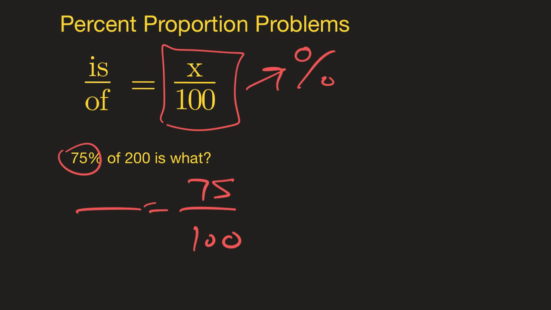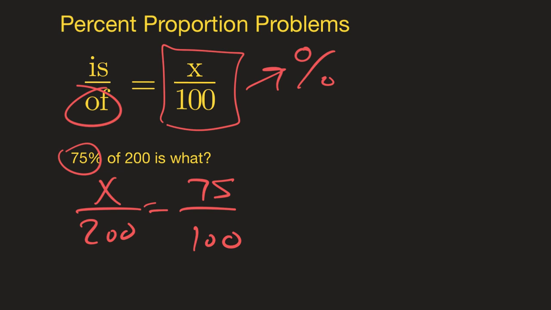What do you think my of is? 200 is my of. Is what? Do I know what my is? No. I don't know my is, therefore that's going to be an x. X over 200 equals 75 over 100.